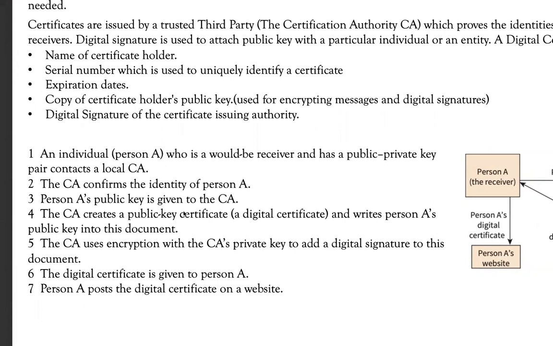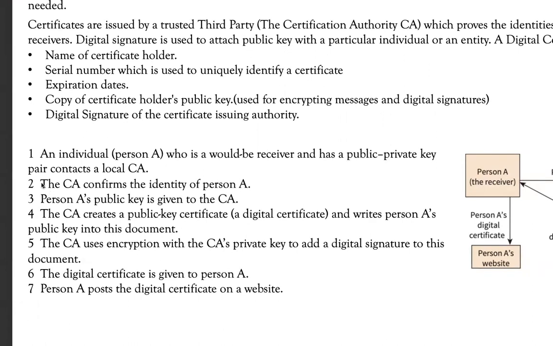Once that is done, if I am verifying person A's digital certificate, I should be able to access the certification authority's information using their public key. If it doesn't work, that means it really isn't the certification authority, it's someone else.